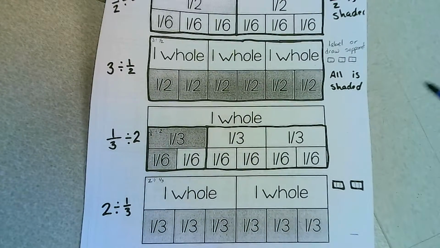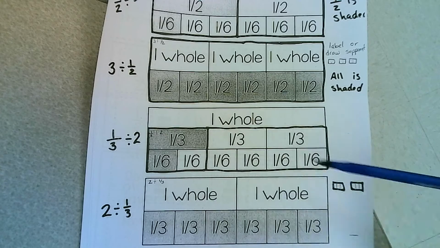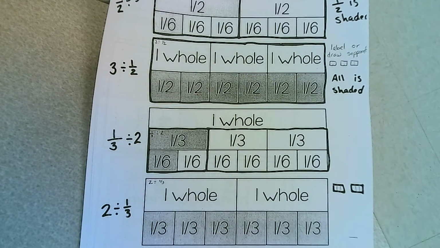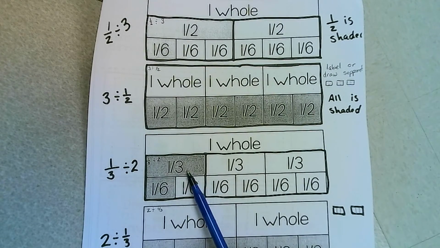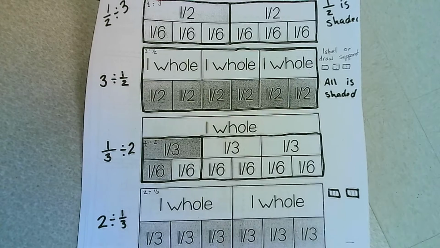So we'll go into more. To me, drawing these models are a little more self-explanatory because you're literally just drawing what it says, like you draw 2 and then you divide it into thirds. All right. Or on this one, you draw a third and you divide it in 2. All right. So that is how you draw these models.